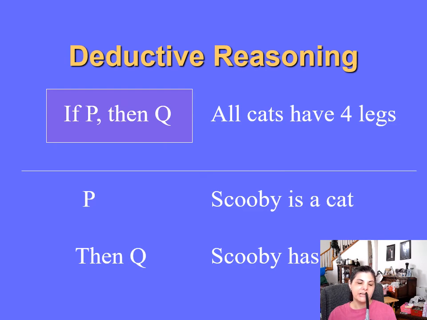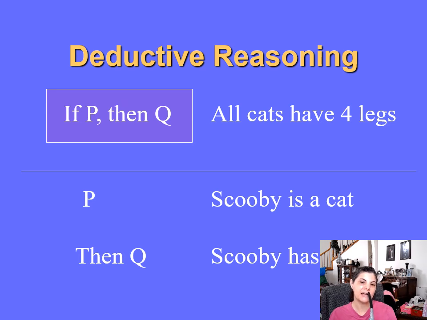There are a lot of different variations you'll find on the internet if you look up deductive reasoning. Sometimes they pose it as if P, then Q. So if Scooby's a cat, then he has 4 legs. So first you establish P, your specific example, and then you can deduce that Scooby has 4 legs.